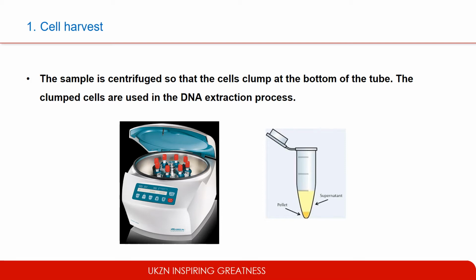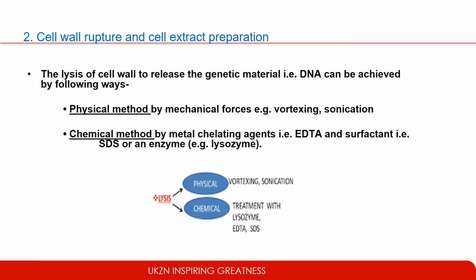The next step is cell wall rupture and cell extraction preparation. Now, there are two common methods that can be used for this process, and this includes the physical method and the chemical method. Now, the physical method basically uses force, and this is accomplished either by vortexing or sonication.